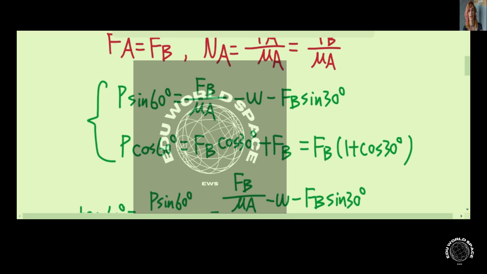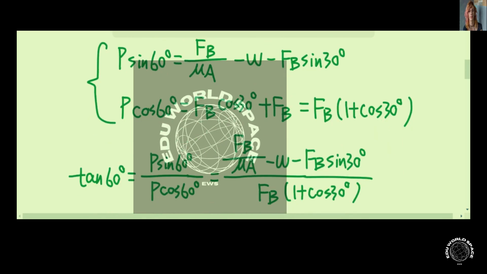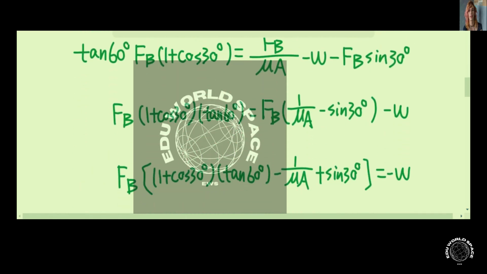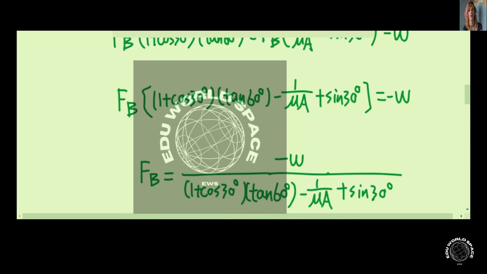Then we have tangent 60 equal to P sine 60 degree over P cosine 60 degree, which is equal to Fb over mu A minus W minus Fb sine 30 degree, over Fb times 1 plus cosine 30 degree. After some arrangement, eventually we have friction at point B equal to negative W over 1 plus cosine 30 degree times tangent 60 degree minus 1 over mu A plus sine 30 degree.